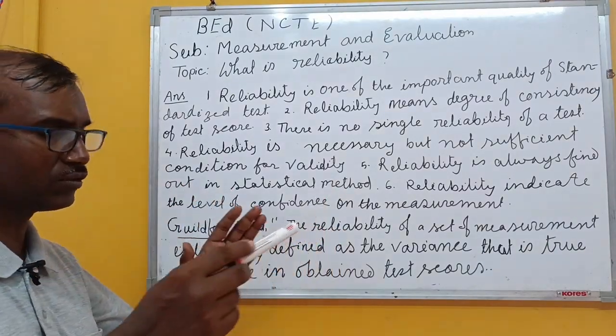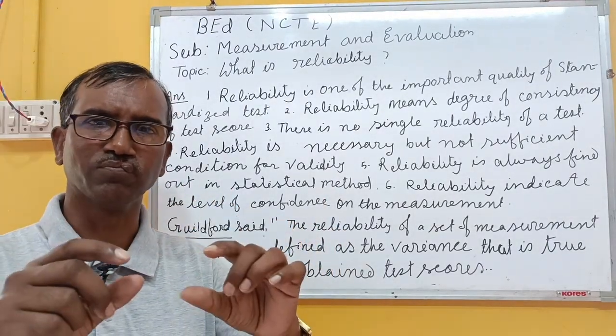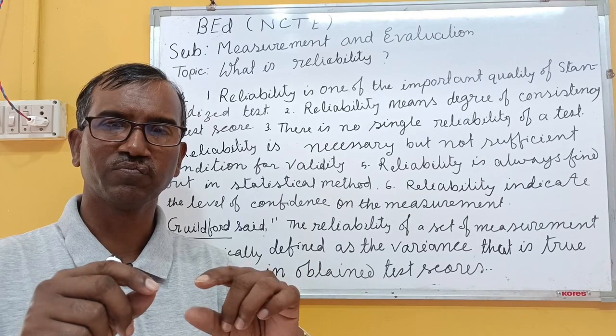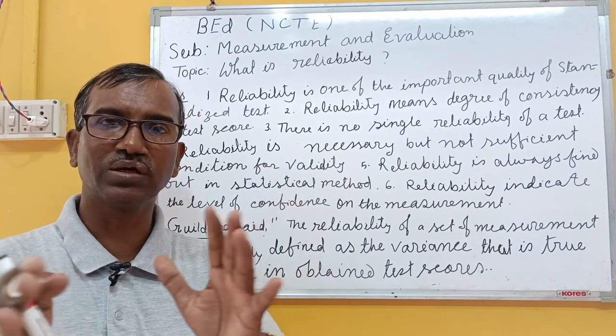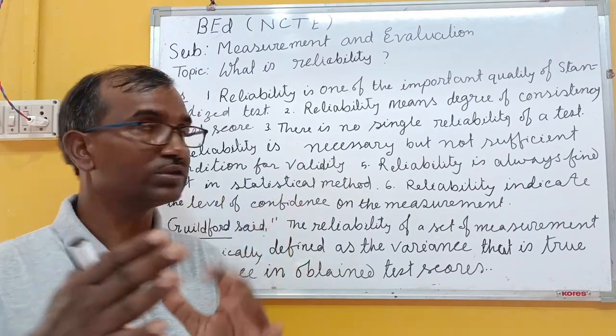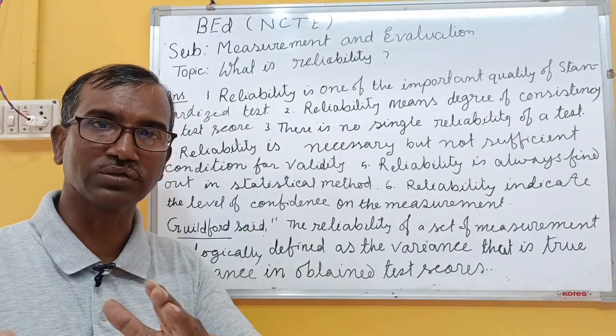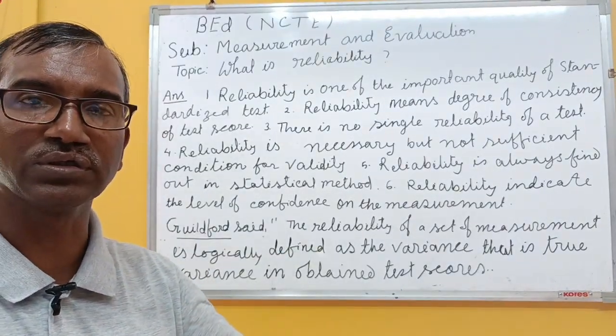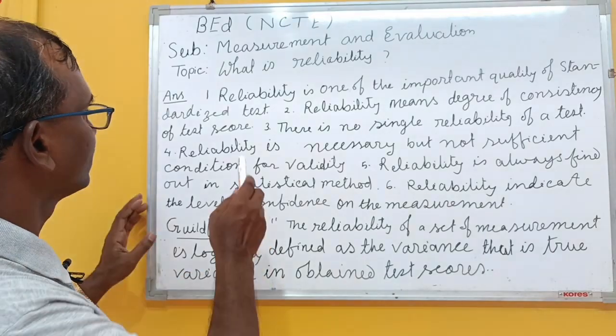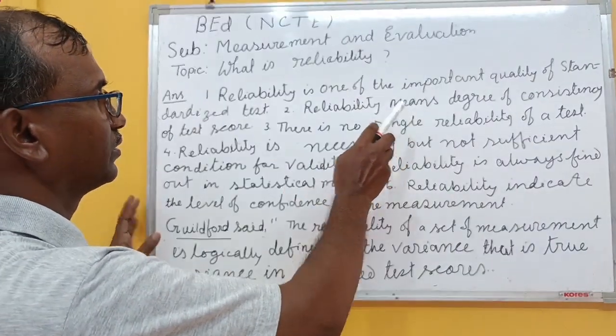The scores may not be exactly the same, but if there is similarity, if there is degree of consistency, at least the scores are nearby on this test and that test, then the test can be said to be reliable.